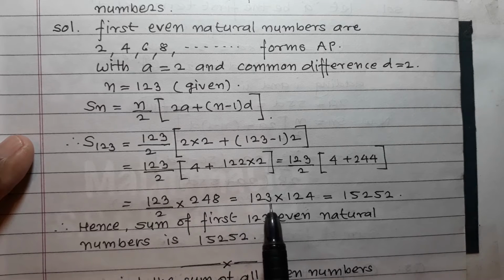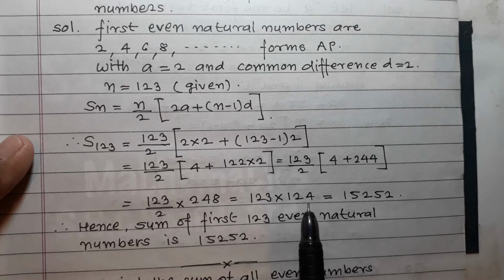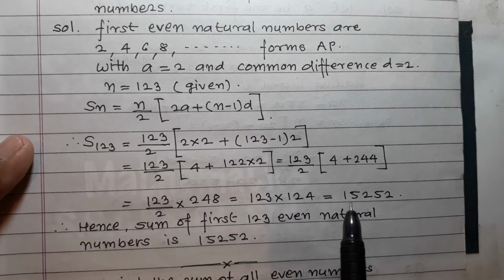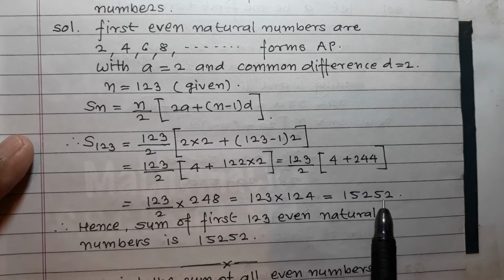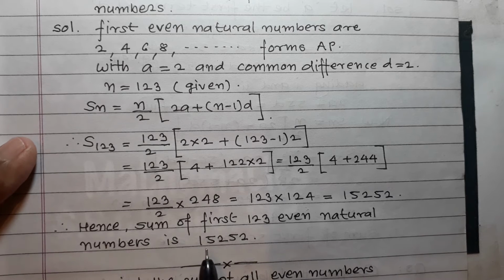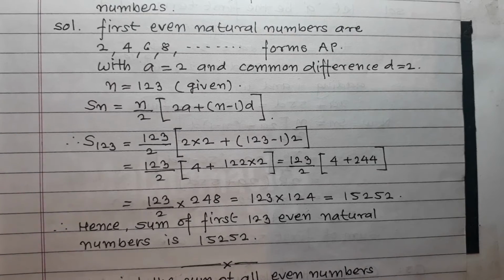Simplify, 123 into 124 gives you 15,252. Hence, sum of first 123 even natural numbers is 15,252.